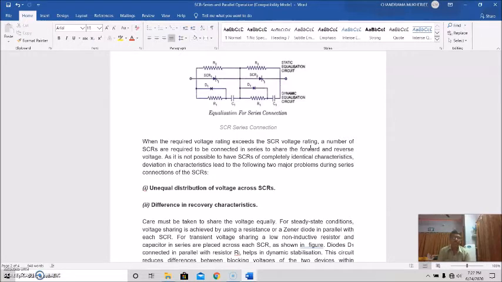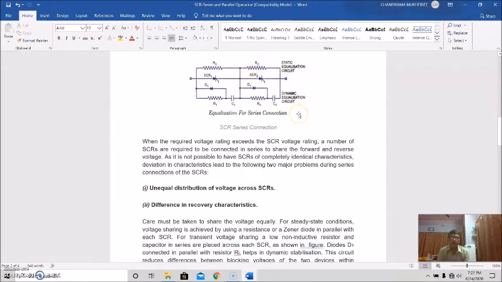For steady state conditions, voltage sharing is achieved by using a resistance or a diode in parallel with the SCRs like this. That is called the static equalization circuit.